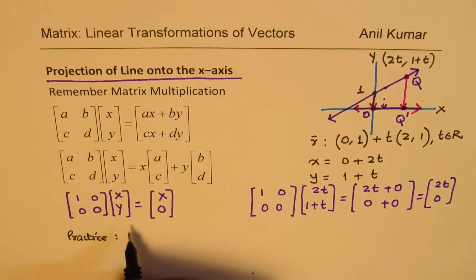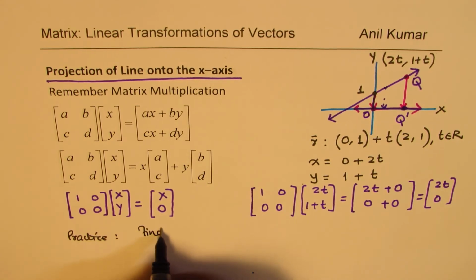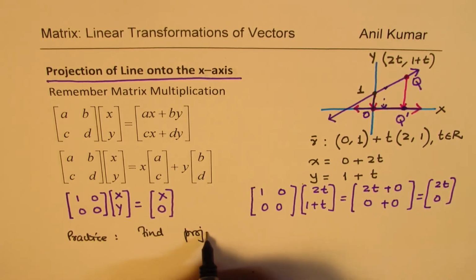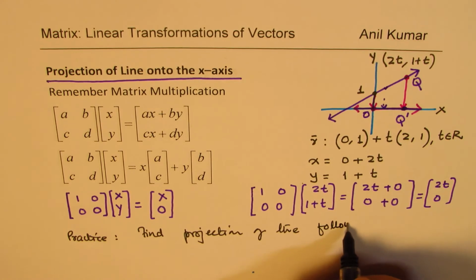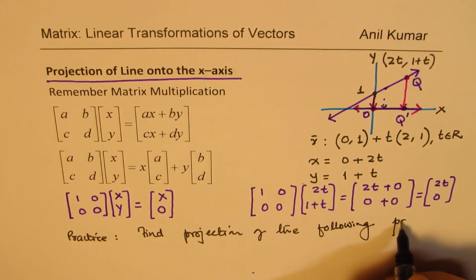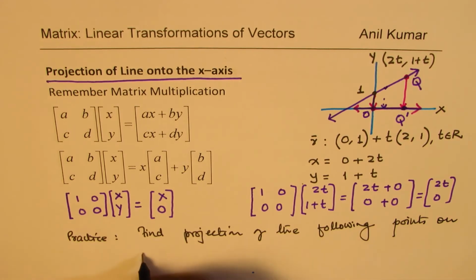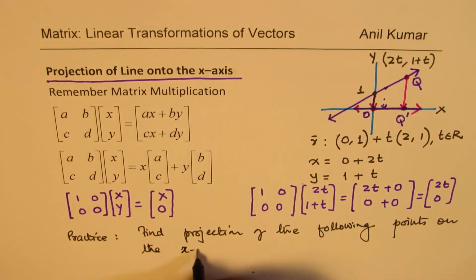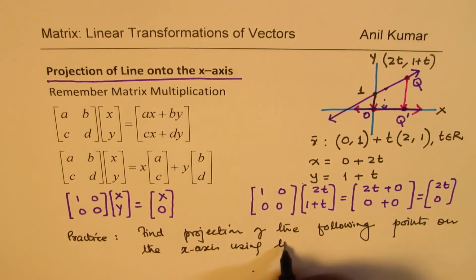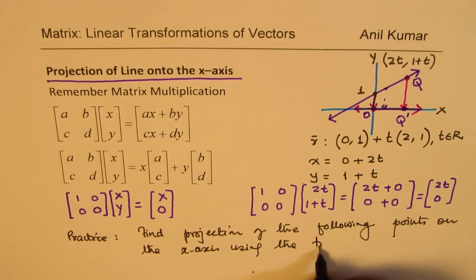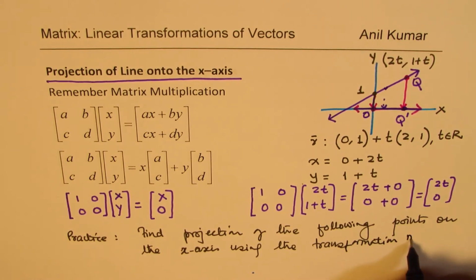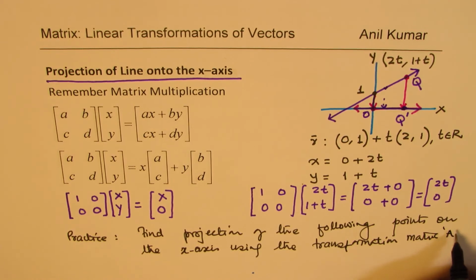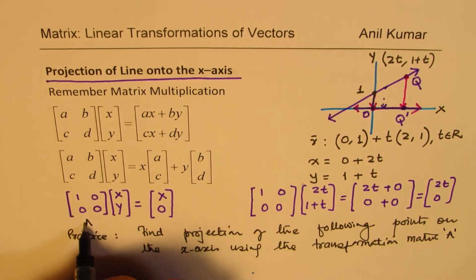So for practice, I would like you to work with these examples, that is, find the projection of the following points on the x-axis using the transformation matrix A, let's say A. We'll call this matrix as A. Is it okay?